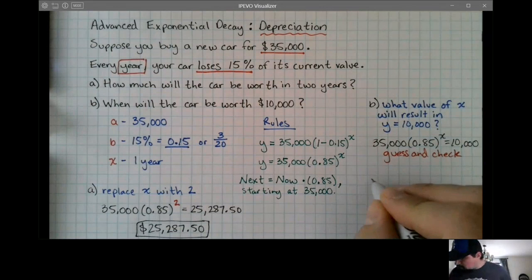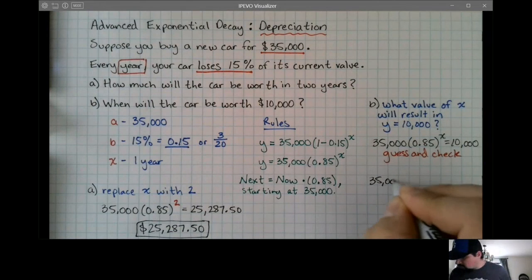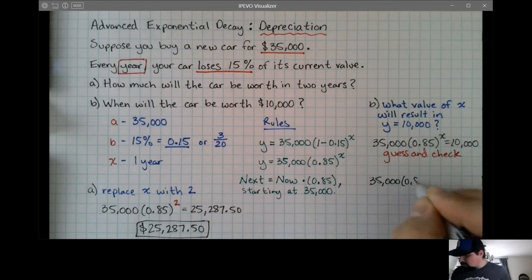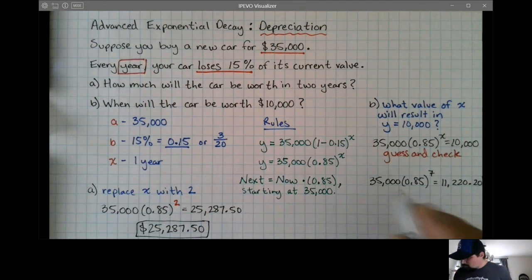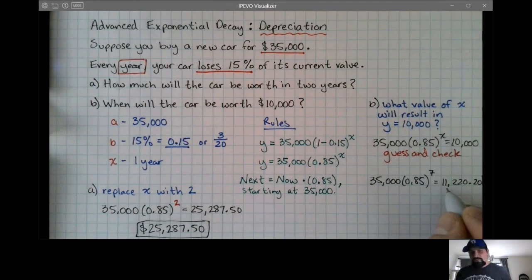So we have 35,000 times 0.85 with an exponent value of 7. And that gave me a value of 11,220 and 20 cents. I got 20 cents after rounding from 0.196 something, which told me to round up to 0.20. All right, so 7 is too high.